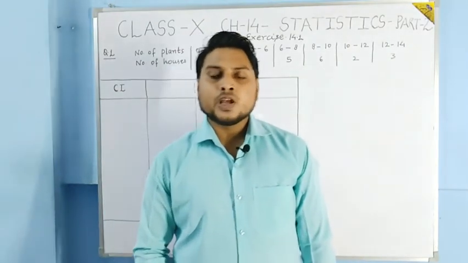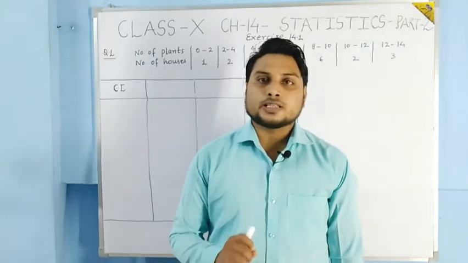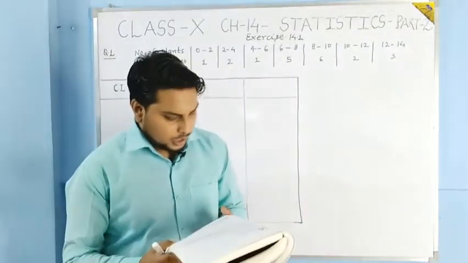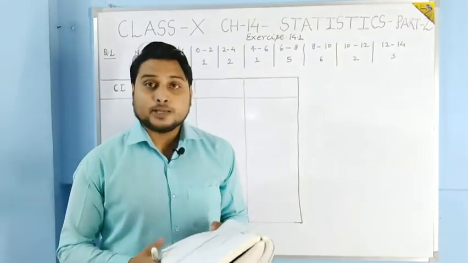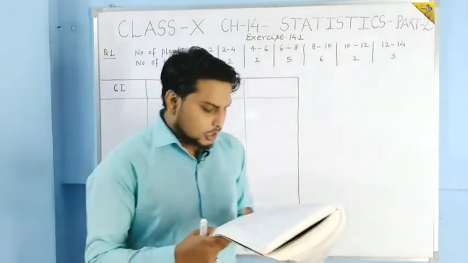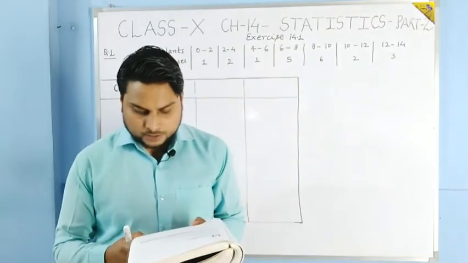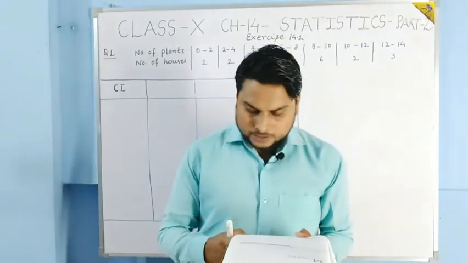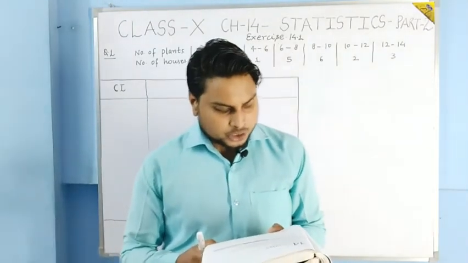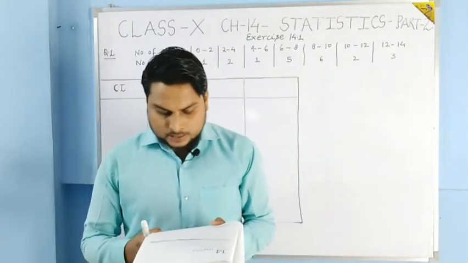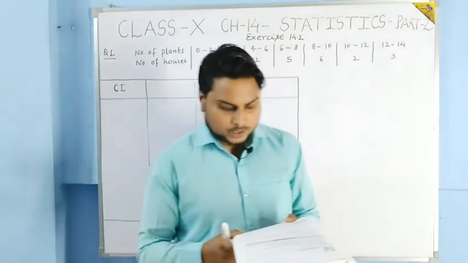Okay students, let us see the first question of exercise 14.1. A survey was conducted by a group of students as a part of their environment awareness program, in which they collected the following data regarding the number of plants in 20 houses in a locality.